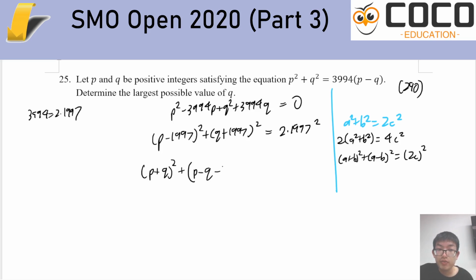P minus q minus 3994 squared, and then on the other side it will be 3994 squared. Okay, so this is not an obvious transformation if you have not seen it before. However, it is a good transformation to know, because it's not that you can do this for any other constant apart from 2. So it is actually going to be rather useful to be aware of this.